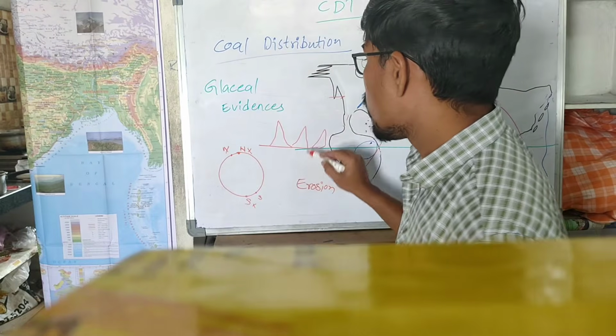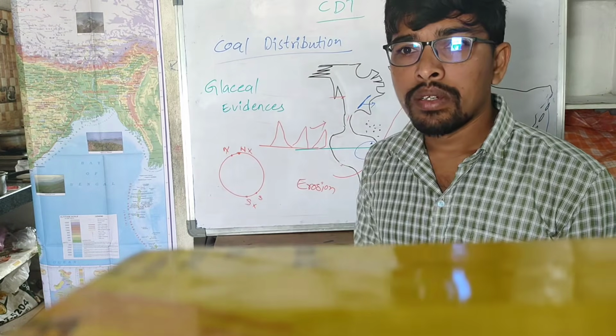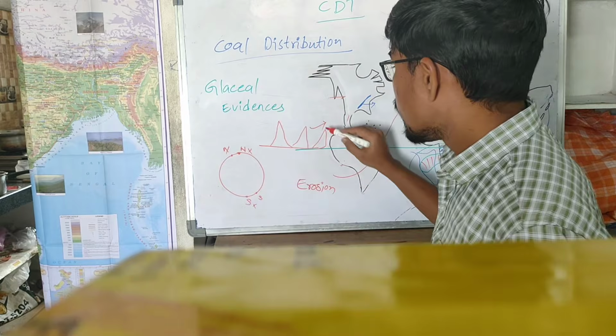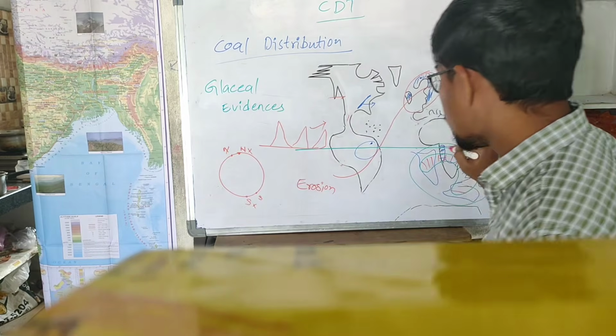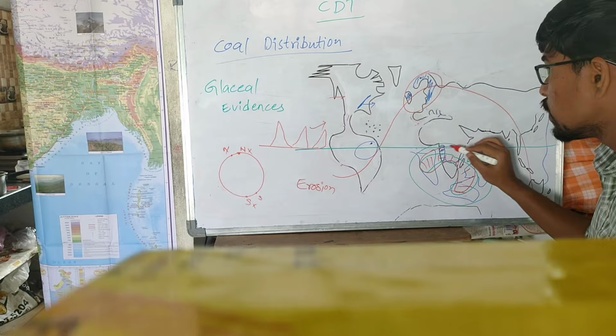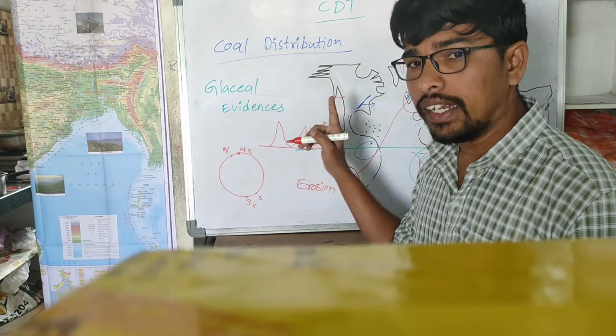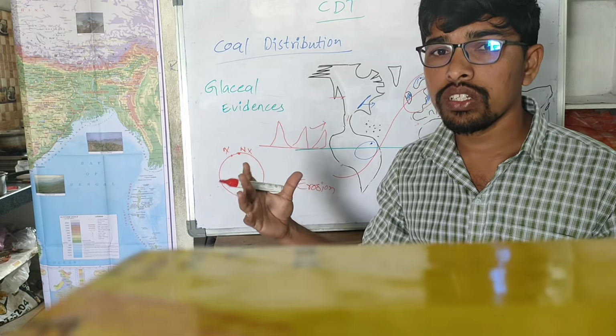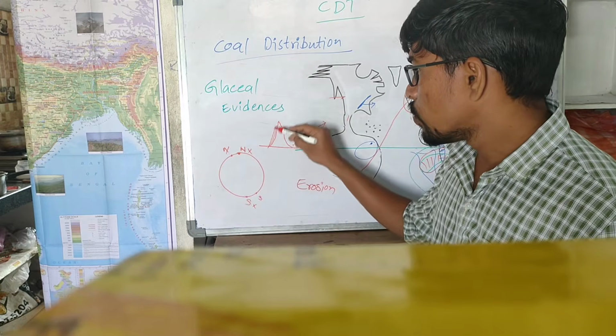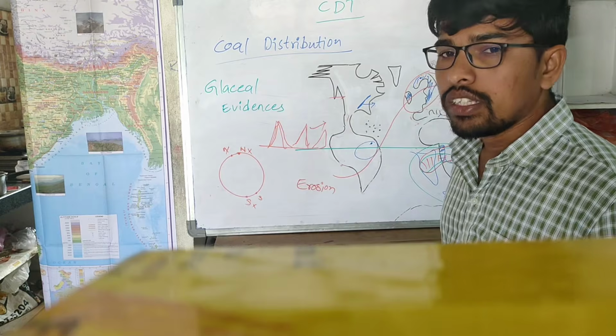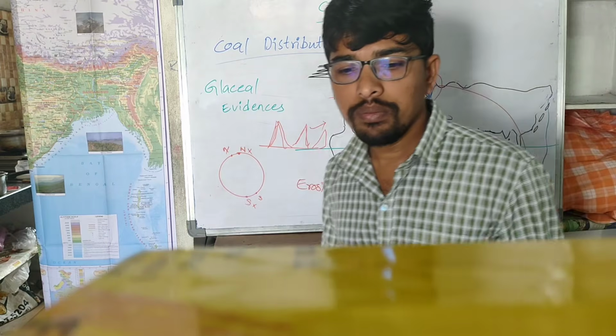Why? Because glaciers were present here, in southern India also, huge glaciers. They caused the erosion of these mountains. This is one of the evidences.